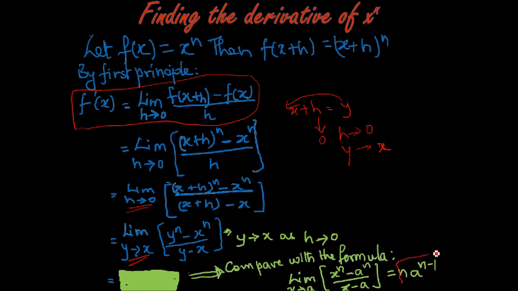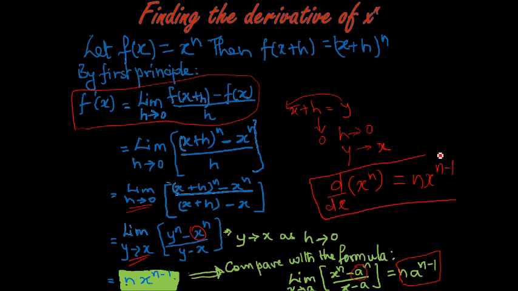Therefore, this is the answer, and we just have to substitute the a as x here. Therefore, the answer will be n x power n minus 1. Therefore, the derivative of x to the power of n is equal to n x to the power of n minus 1. This is a very important result which needs to be kept in mind.